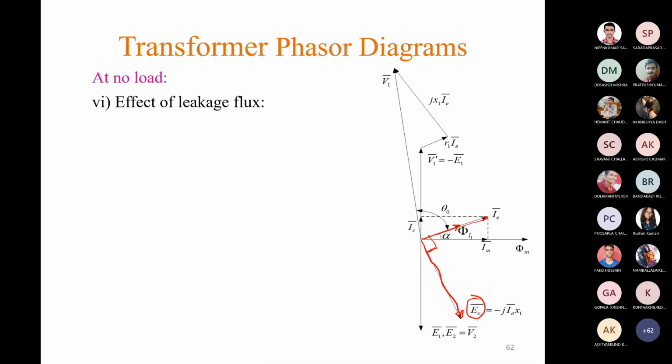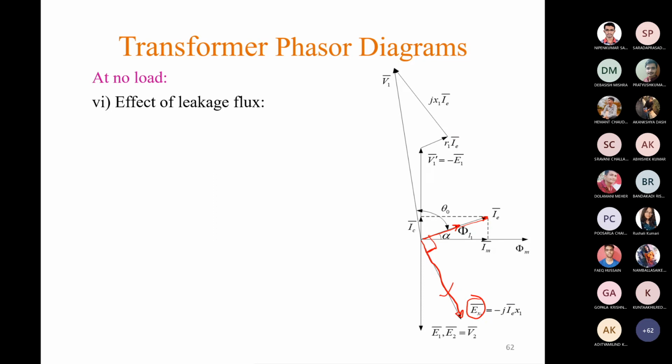So voltage you can add, but voltage and current you cannot add. So EX1 is a voltage, so that voltage you can add with another voltage. So here we have V1 dash, with it we have already added this voltage drop IR1. So we have to add this voltage EX1 with this R1 IE.